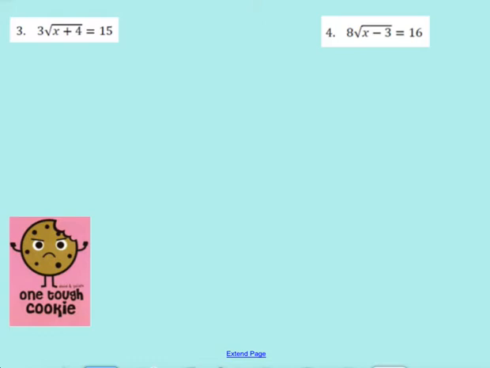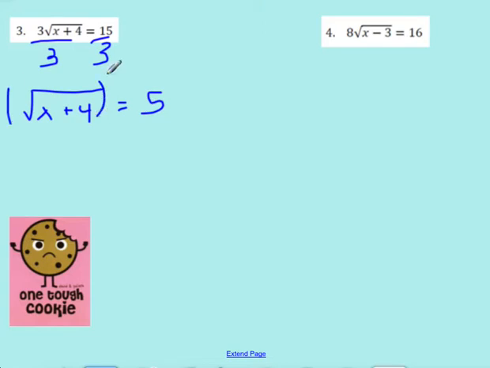Next, let's take a look at number 3. In order for us to take the square, I want that radical, because it's the only radical, to be completely by itself. So the first thing I'm going to do is divide both sides by 3. Then I get the square root of x plus 4 is equal to 5. Now I need to undo that square root, so I'm going to square both sides.